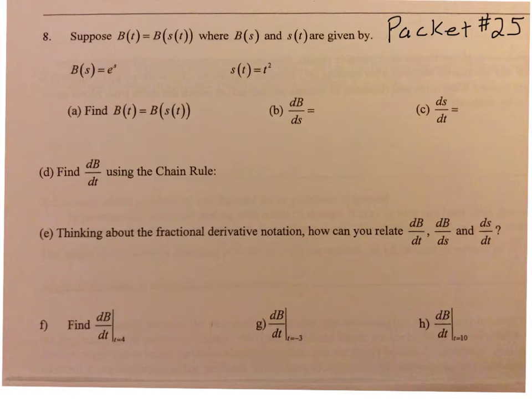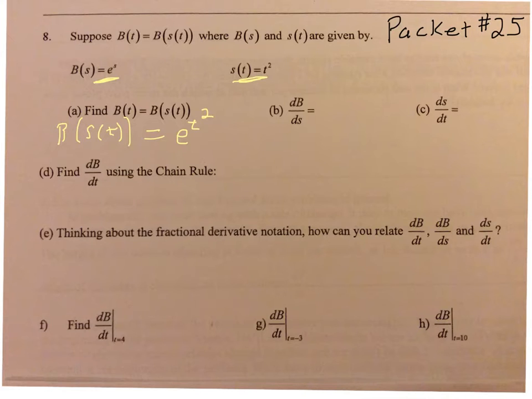So we have b of s is e to the s, and we have s of t is t squared. So b of s of t, I need to substitute in the t squared into the s on b of s, so just e to the t squared.